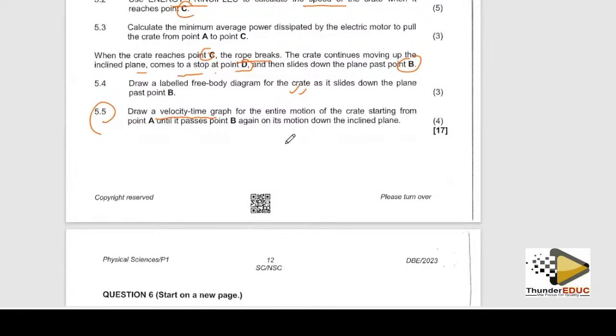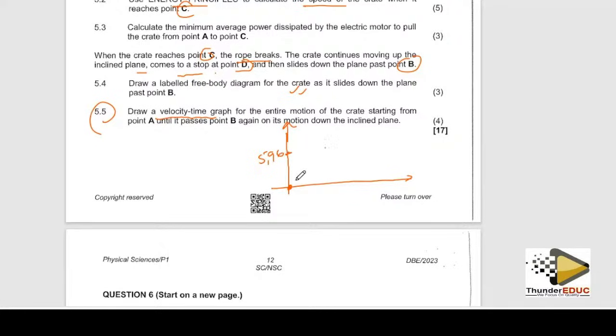So what I can see is that the initial velocity of the crate was here before it started being pulled. Then it reached a maximum of, we said, 5.96.